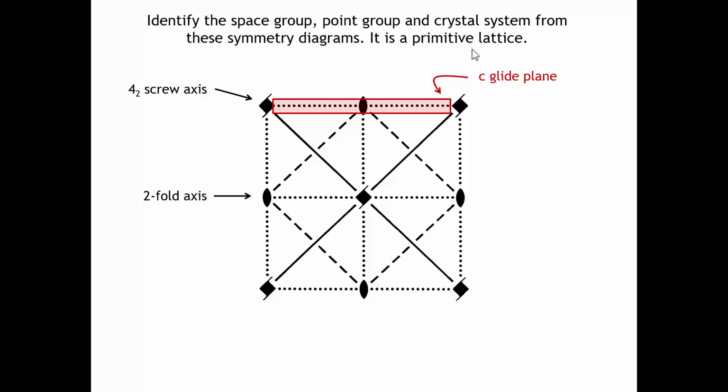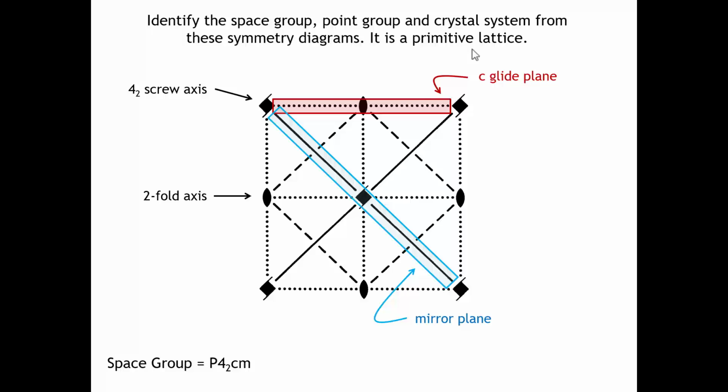Now the last or third symbol in a tetragonal space group is going to be the symmetry that is along the face diagonal. And so here you can see that along the face diagonals we have mirror planes. Okay, so now we've identified all of the symmetry elements we need to name this space group. And the name is going to be P4/2 CM.